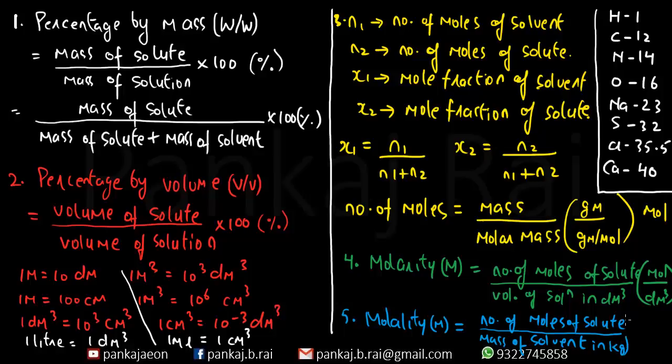So the number of moles you can find out, and mass of solvent, if it is given in any other unit, you just convert it to kg. So molality, which is number of moles upon mass of solvent in kg, will have unit of mole per kg. Okay, so these are the 5 ways to represent concentration of a solution, and by using whatever we have just discussed, you can solve any numericals based on concentration. Thank you very much.